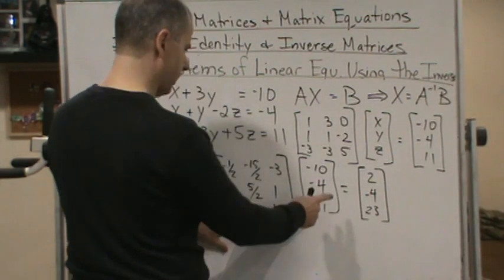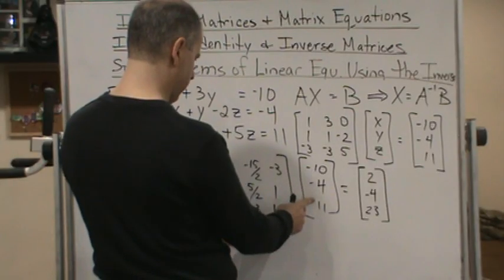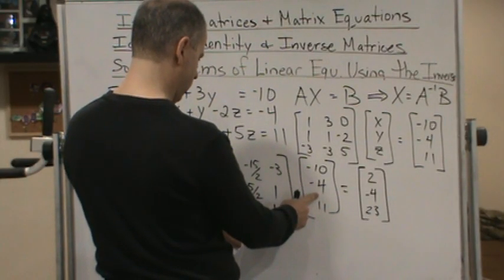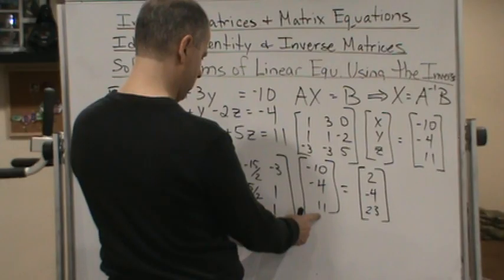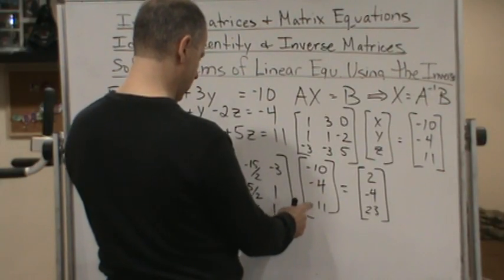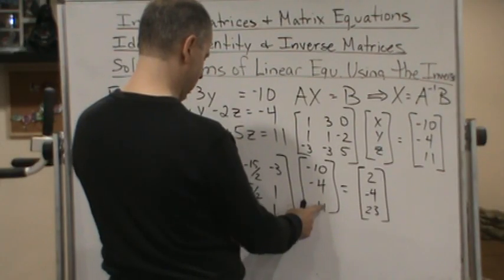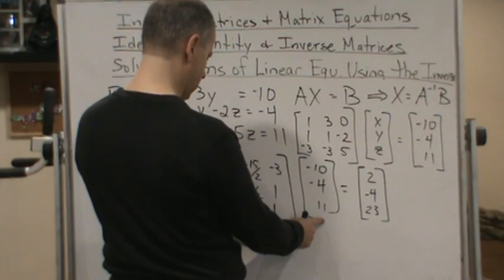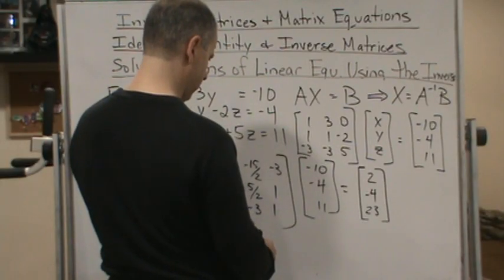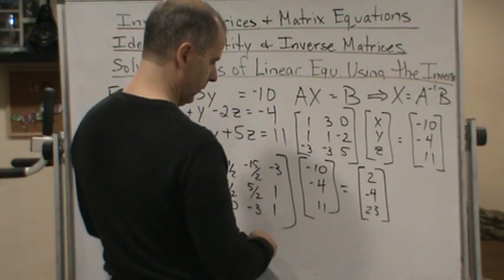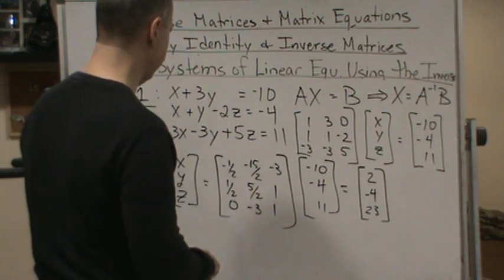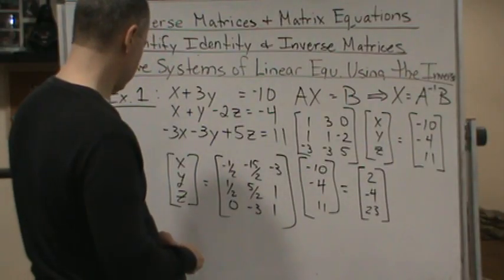Oh, I must have made a mistake here then. 0, 12, and 11. And 12 and 11 is 23. What am I doing wrong here?